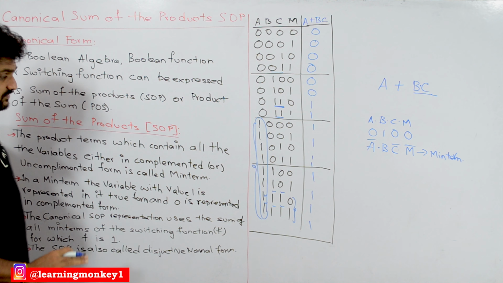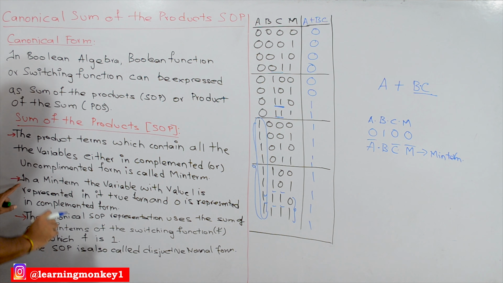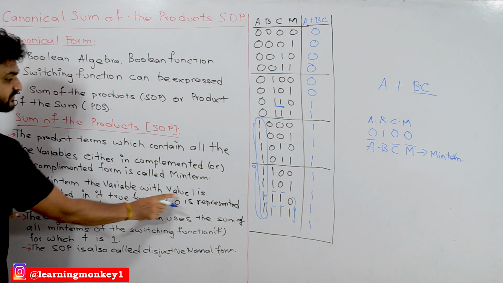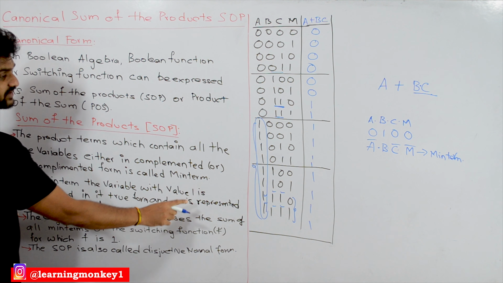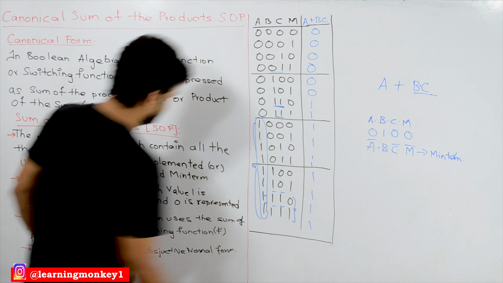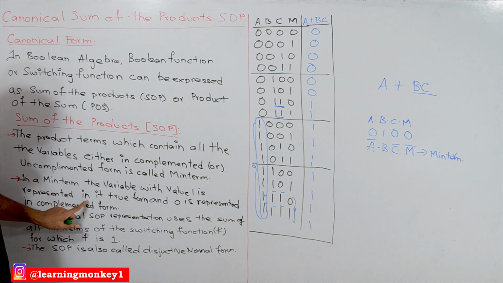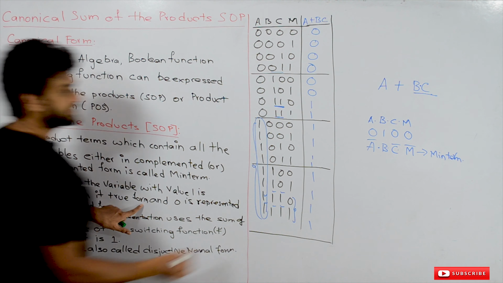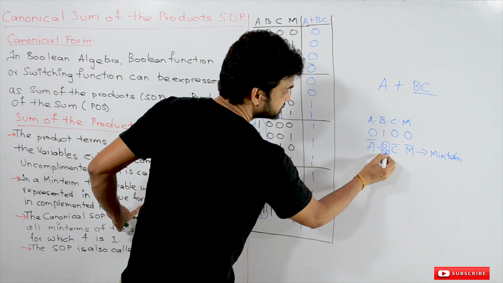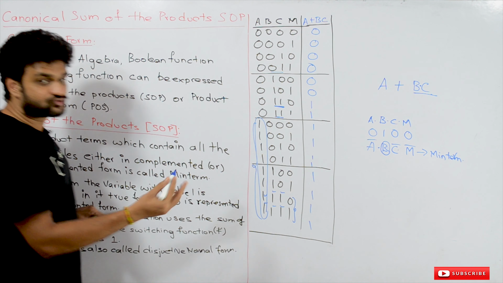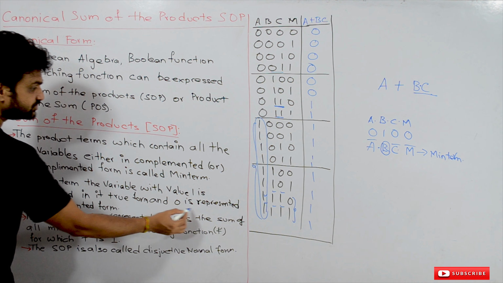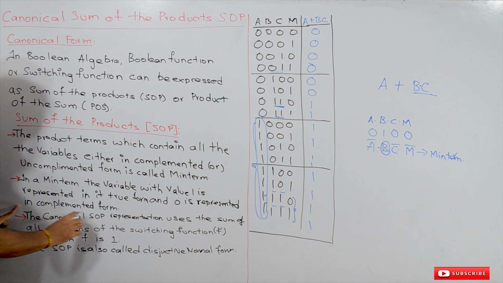Why it is represented in that way is, in a min term, the variable with value 1 is represented in its true form. If there is a 1, it is represented in its true form. And a 0 is represented in complemented form.